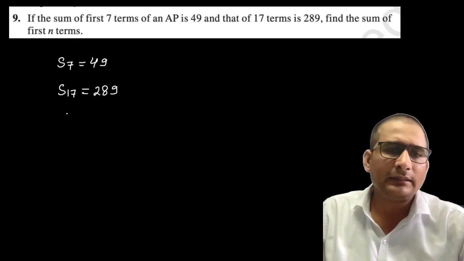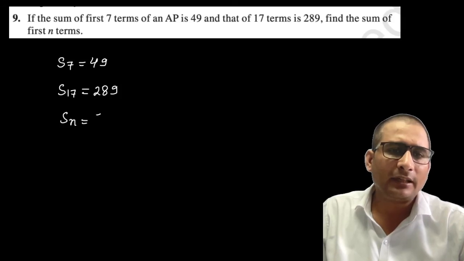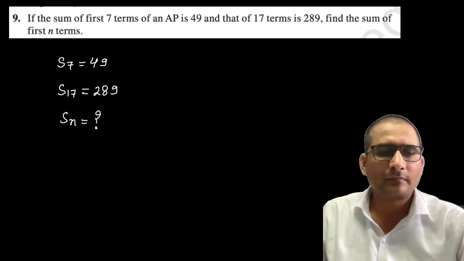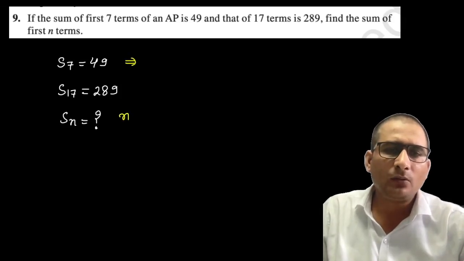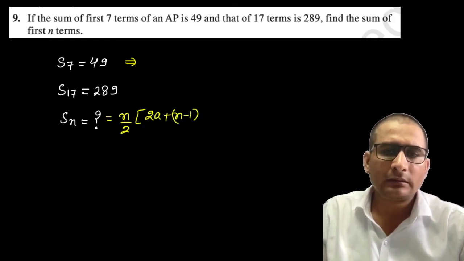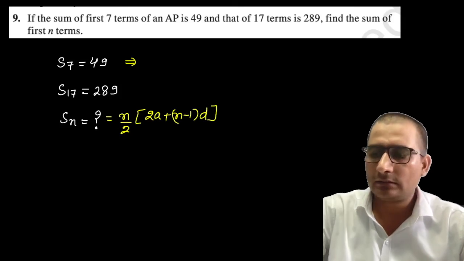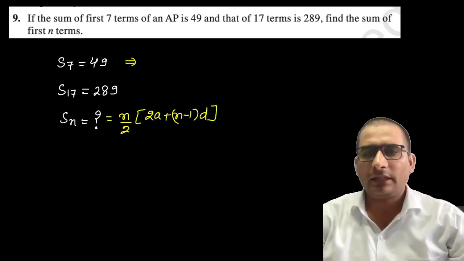Find the sum of Sn. Sn हमें find out करना है. Okay. So now let us use this equation. Sn का formula होता है n by 2, 2a plus n minus 1 into d.